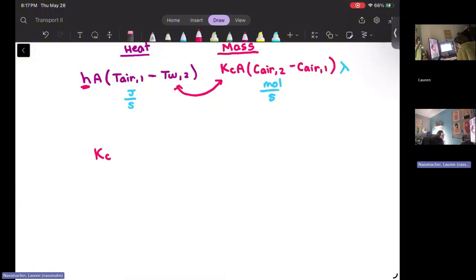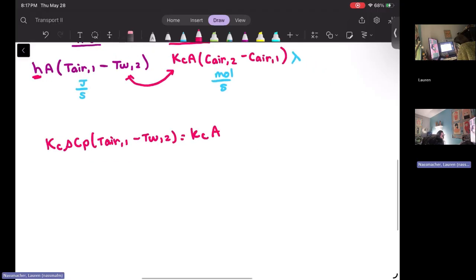And we get mass transfer, density, heat capacity, temperature of the air minus temperature of the water. It's equal to mass transfer, area, concentration, lambda. Cancel things out. The areas get canceled out anyways.